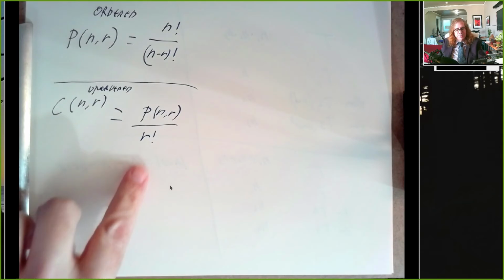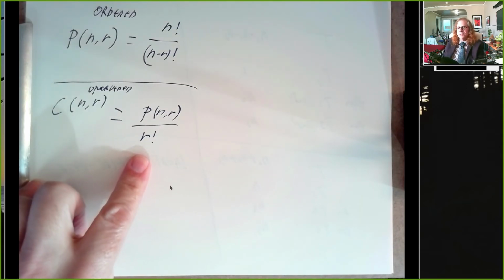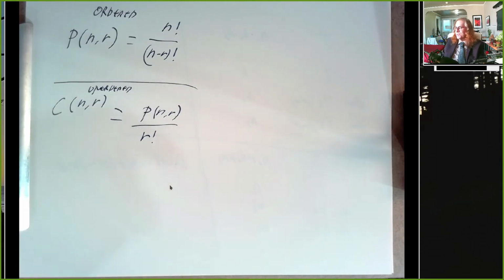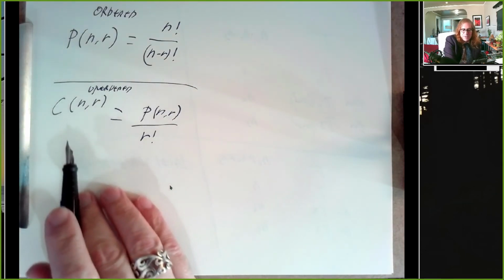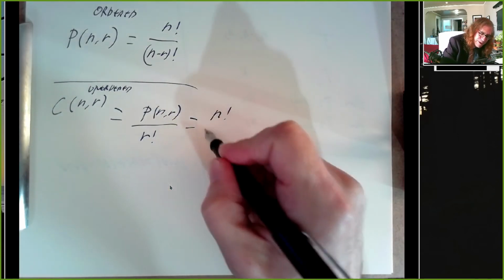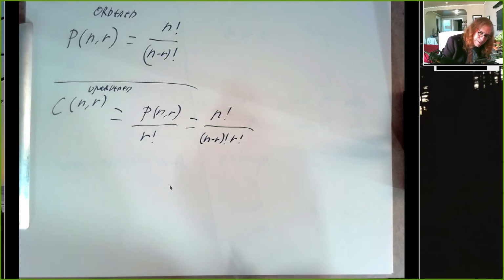And how do we know that there's r factorial ways to arrange this? It's another product rule. If you have r elements, you have to choose which element comes first, which comes second, which comes third, and so on. And the number of ways to do that is r, r minus 1, r minus 2, and so on. So the number of unordered arrangements is the number of ordered divided by r factorial, which means we can write our cool little formula with a third exclamation mark, like that.